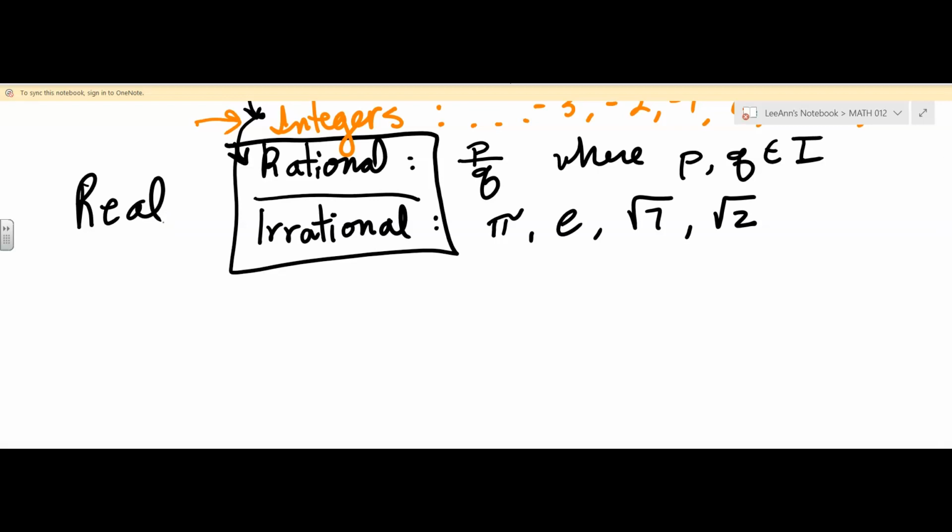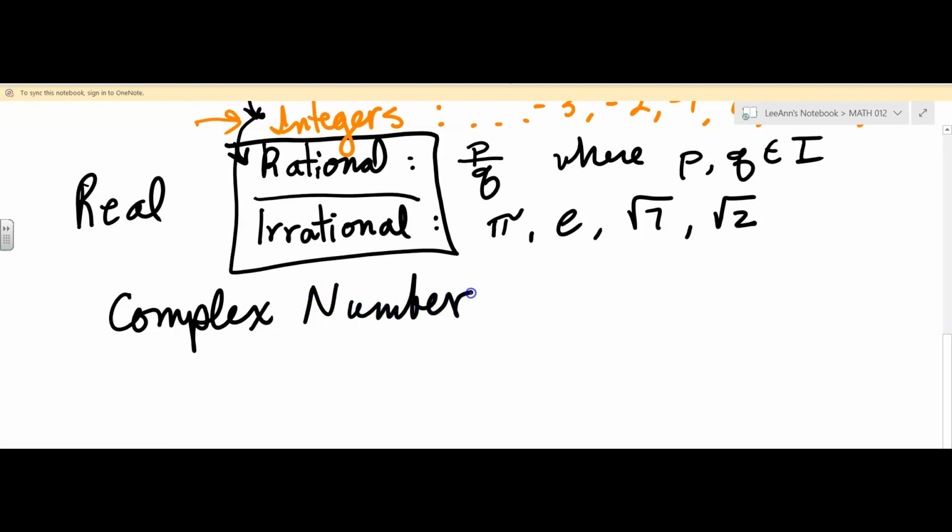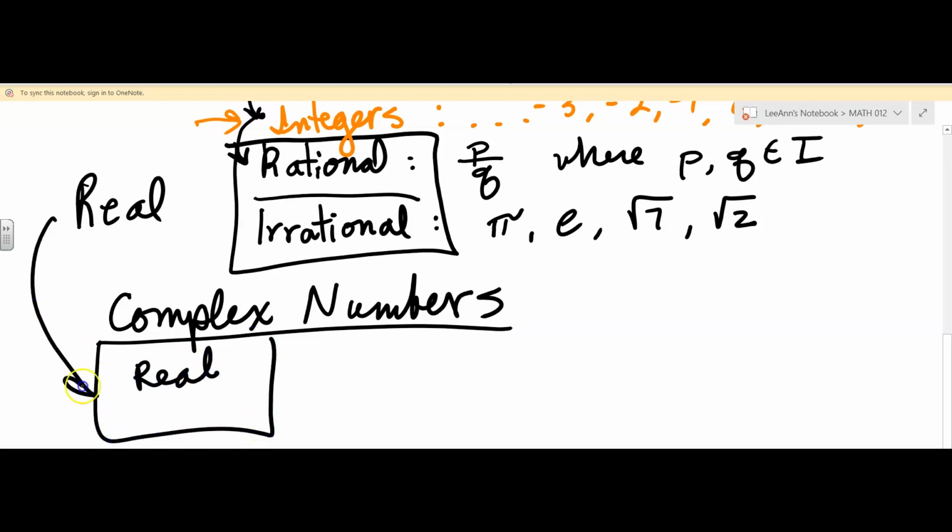Now we have this new set. So how does that fit in? The complex numbers are all the real numbers, so all those real numbers fit into that group.